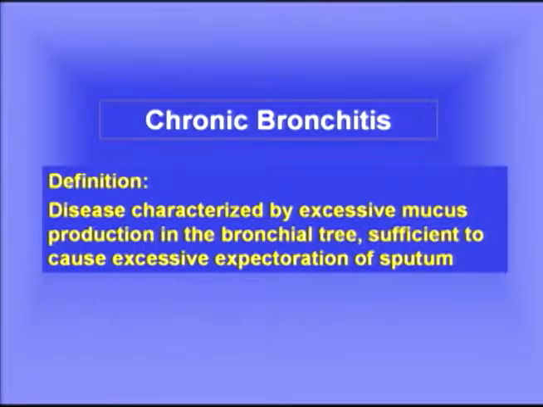Now let's move from emphysema to chronic bronchitis, the second of the two diseases, and let's have a definition. And the definition is that it's a disease characterized by excessive mucus production in the bronchial tree, sufficient to cause excessive expectoration of sputum.